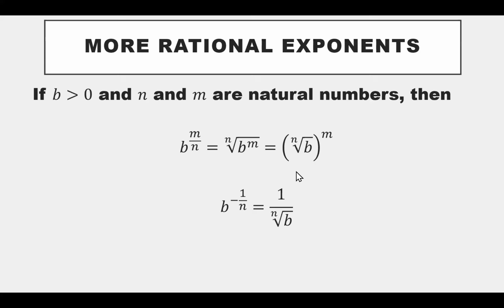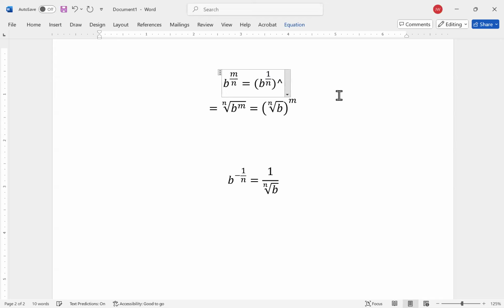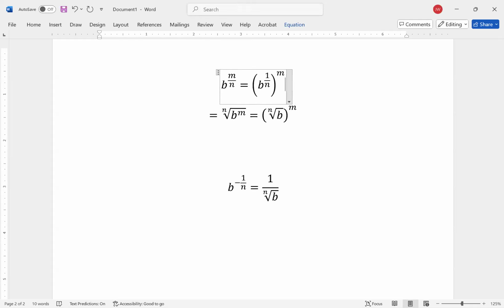Let me explain what I mean by that. So b raised to this fractional power, you can think of this as b raised to the 1 over nth power, raised to the power m. And remember, b to the 1 over nth is the nth root of b. So that's exactly what we have here, just rewritten. Those two are identical from what we know of b to the 1 over n power.